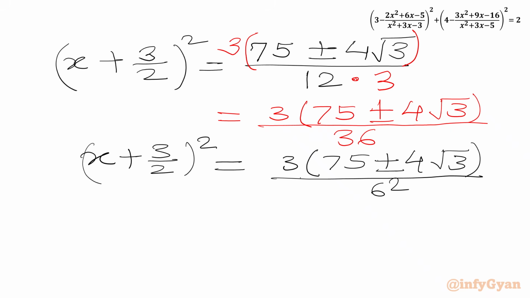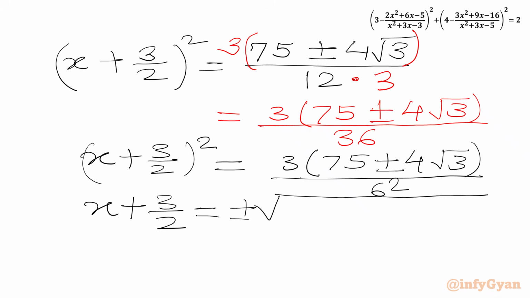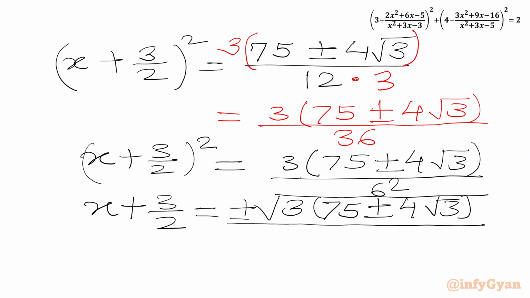Now we'll take square root both sides. We'll be getting x plus 3 over 2 equal to plus minus sign square root of numerator, which is 3 times 75 plus minus 4 square root 3, and in denominator we will write 6 only. Now we have to take 3 over 2 to the RHS.